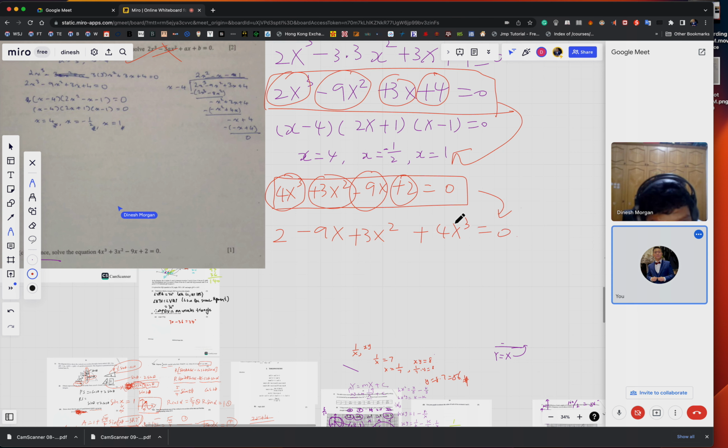So how do I solve this? They ask you to solve the equation given this, 1 mark. So I mean, you should see it straight away.